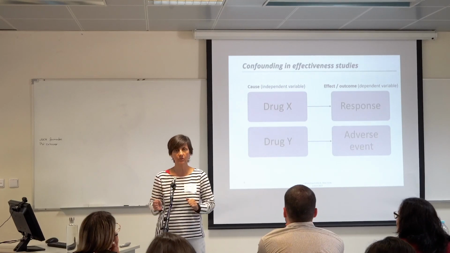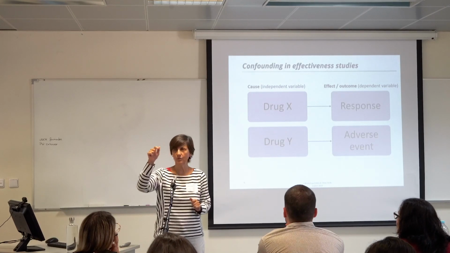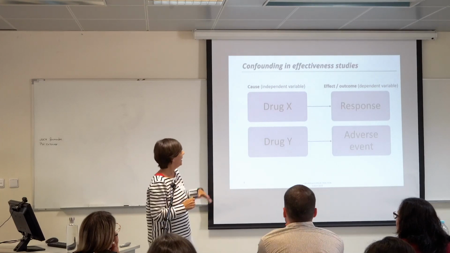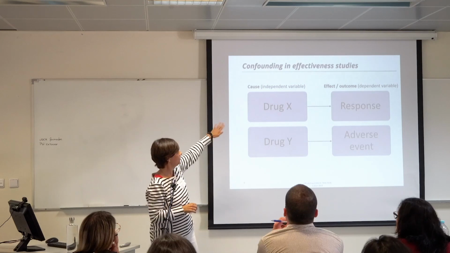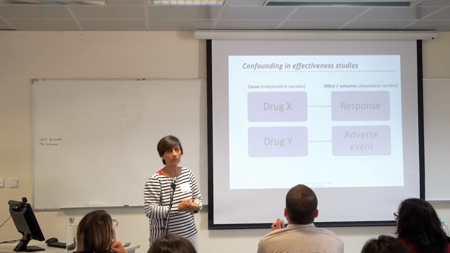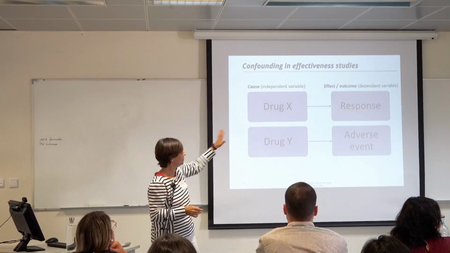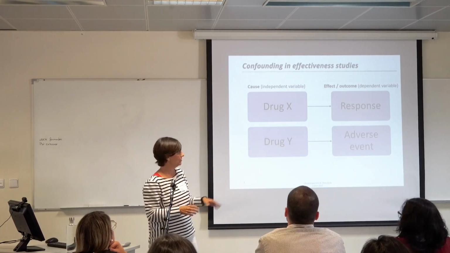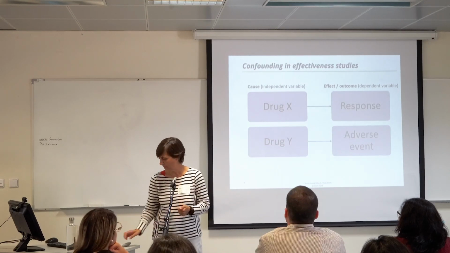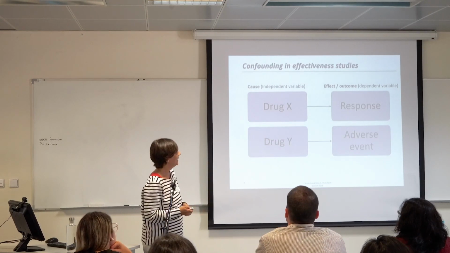This morning, during lunch, I heard about a huge database that you might have access to. And then instead of drugs, you can put whatever intervention you want in there. So you want to compare 2 interventions and see what the response is, and whether the intervention has an adverse event, right, or side effects.